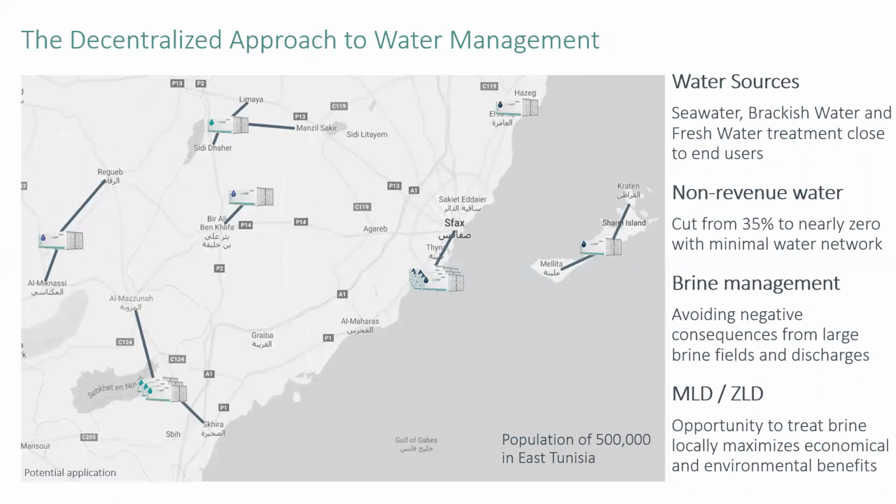So several small plants desalinating locally have a smaller brine discharge locally, so the discharge is already distributed, and you don't have a point source influencing the environment in one place.